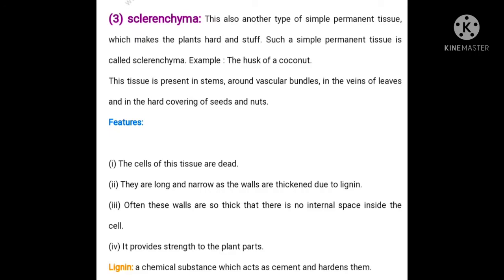You know that in plants dead cells are also present. So sclerenchyma, the last simple permanent tissue, contains dead cells. Lignin is a substance which helps sclerenchyma thicken the seeds, the nuts, the stems and all.